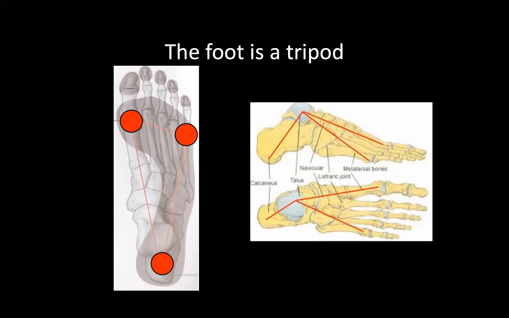And just like a tripod, if you have shortening or malalignment of one leg of the tripod, you are going to alter the loading and position of, in this case, the foot. And so this is a key principle to understanding what happens with Lisfranc and other midfoot injuries.